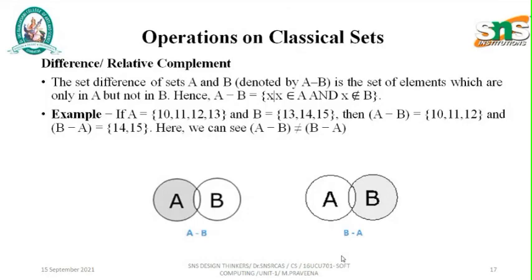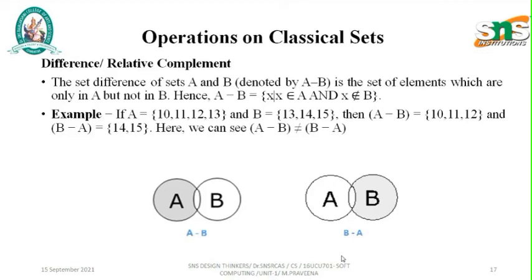The set difference of A and B is represented by A minus B. It is a subset of elements which are only in A but not in B. That is given as A − B.